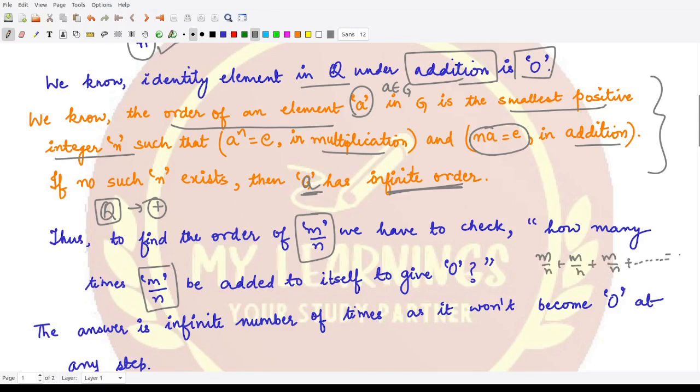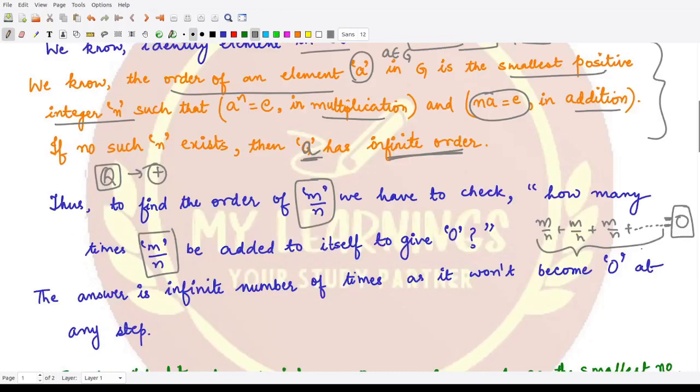How many times should we do it so that we obtain the identity of the group, which is 0? The answer is you cannot do it. Why? Because once you keep on adding these numbers, it would lead to either a positive sum or a negative sum. It would never become 0. So we are unable to find such an n with this condition. Hence we would say all the elements would have infinite order.